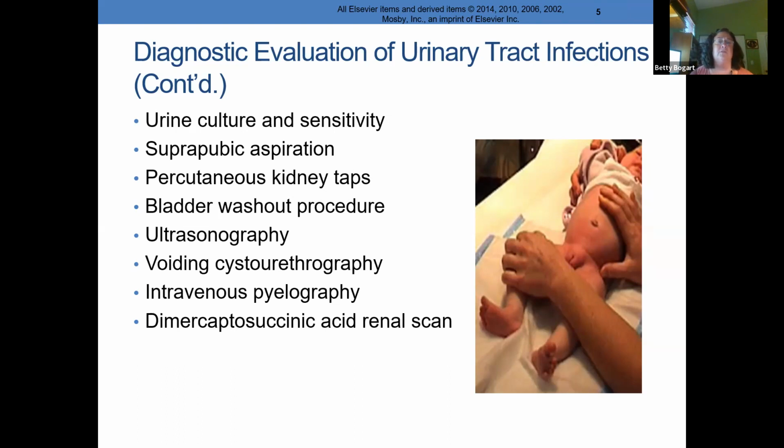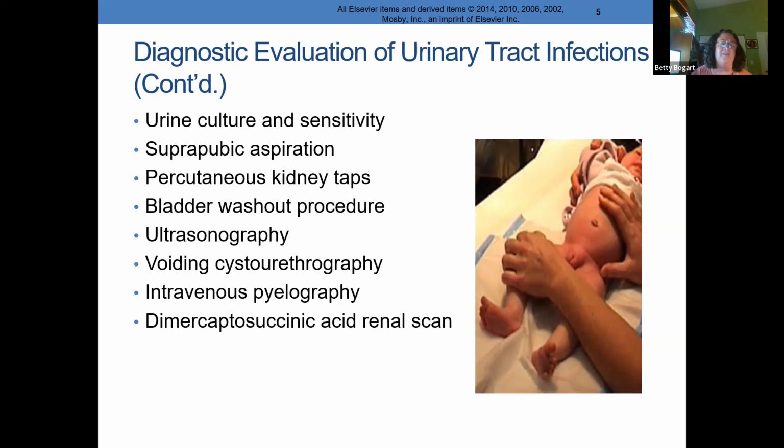We can also do kidney taps, looking at kidney infections. We can do bladder washouts, looking for what is that sludge in the bladder? Is that part of the infection? We can do ultrasounds, looking at anatomy. We will be doing voiding cystourethography when you have that child with frequent urinary tract infections, because it could be due to some structural stuff going on.